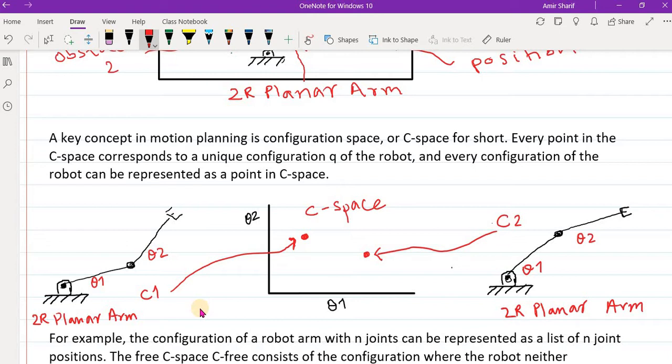So whatever the configuration is, it can be represented by a point in your C space, or the other way around, every point in a C space corresponds to a unique configuration q of the robot, and vice versa.